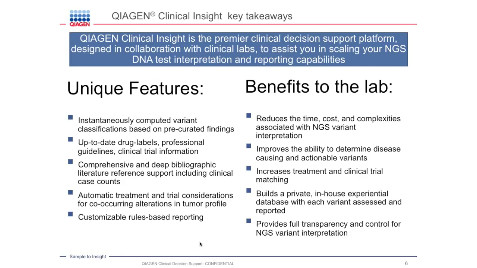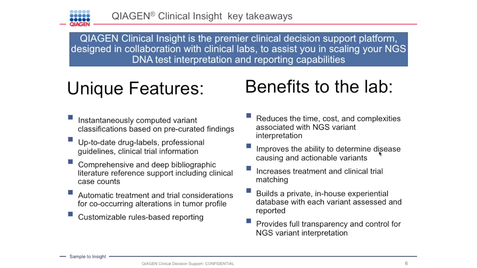QIAGEN Clinical Insight features allow you to instantaneously compute variant classifications based on the pre-curated findings. You can see up-to-date drug labels and professional guidelines, comprehensive and deep bibliography literature references, automatic treatment and trial consideration, and customizable rule-based reporting.